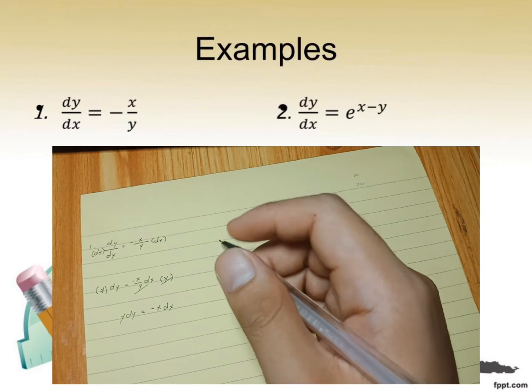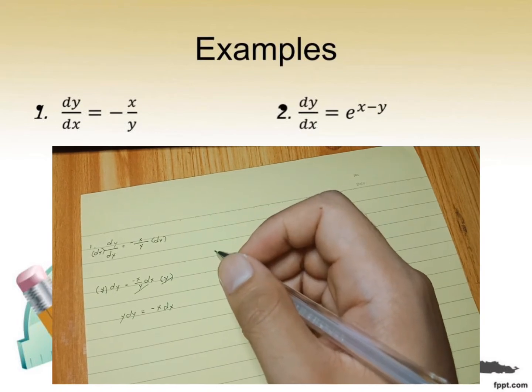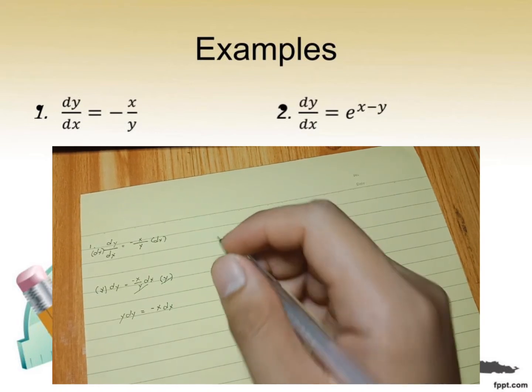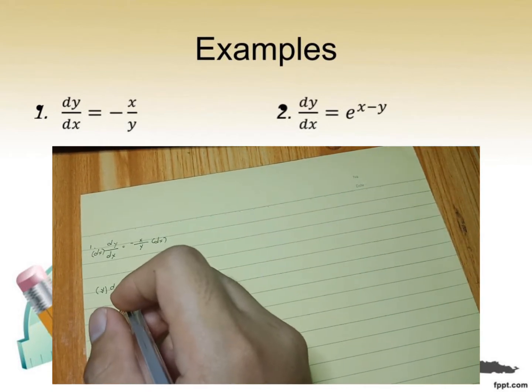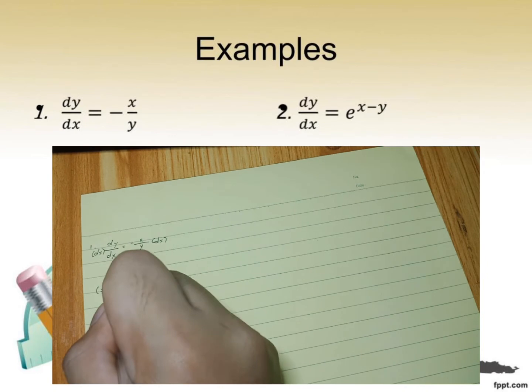Step 2 is to integrate both sides. We just need to draw an indefinite integral on both sides of the problem.